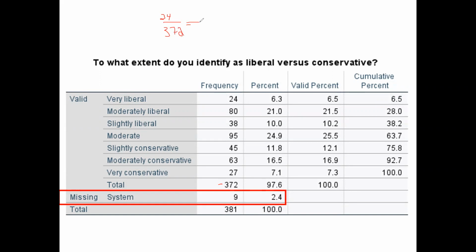And if you get out your calculator, which I'm going to do, even though you guys can't see me, just because you should be doing this, 24 divided by 372, and we're going to get 0.0645, okay?